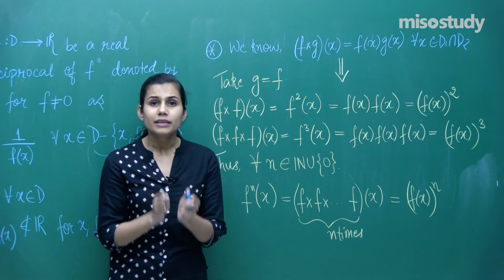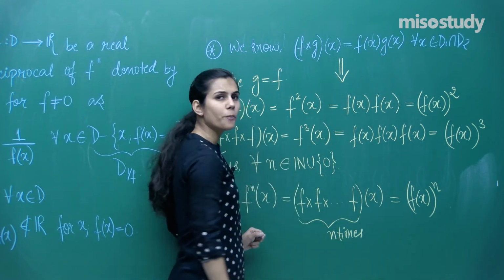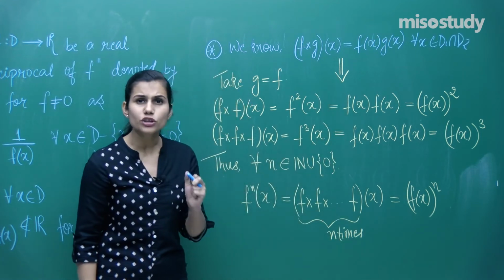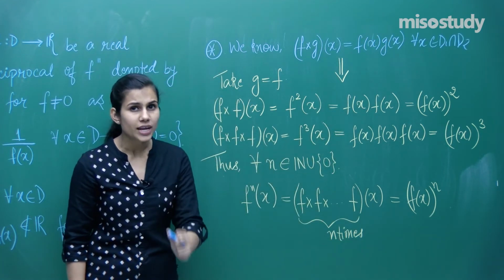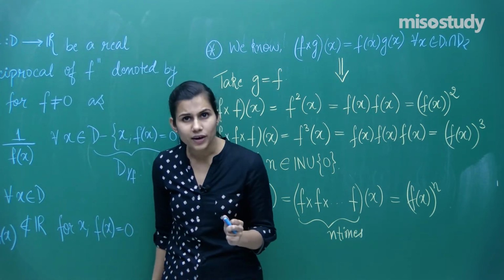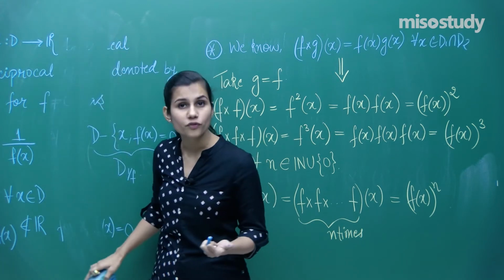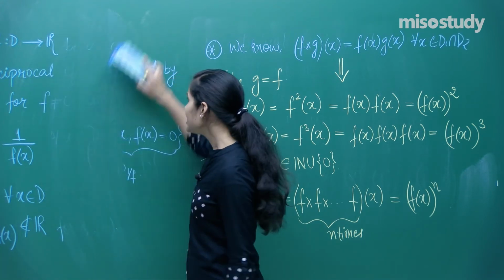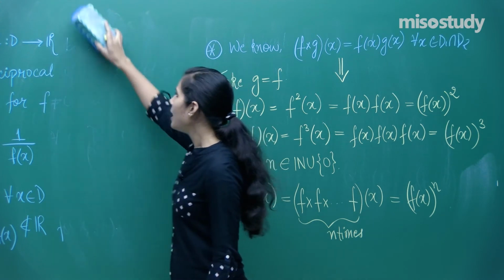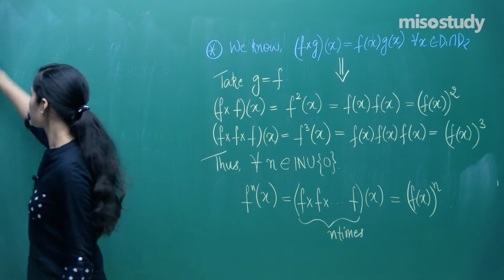In this way, this operation of self-multiplication, which actually is a deduction from the operation of product, is also used in forming and bringing up new functions. From one function, we were able to create in this way some more functions. This is where I end my concepts about operations on functions.